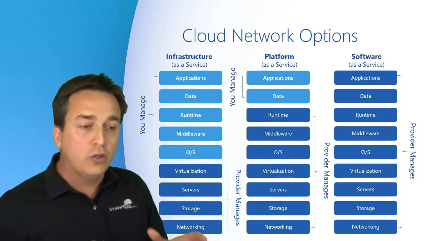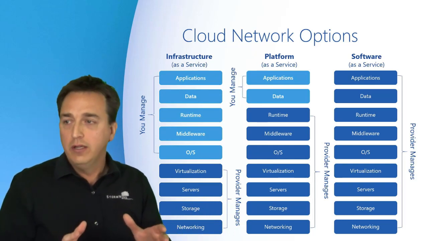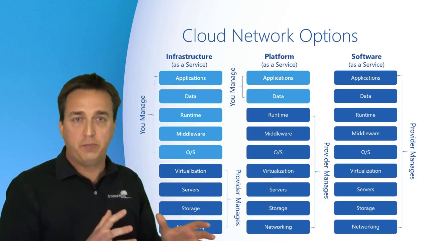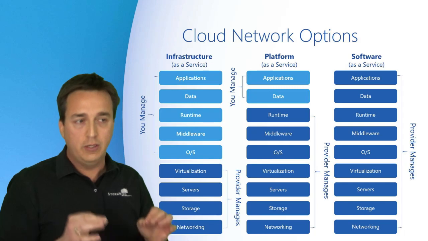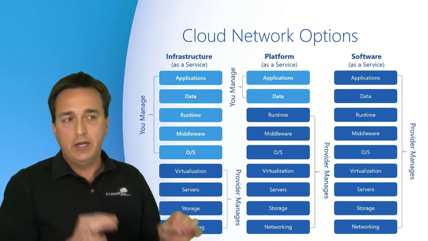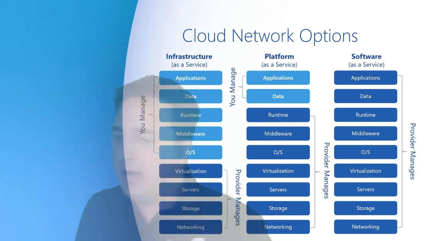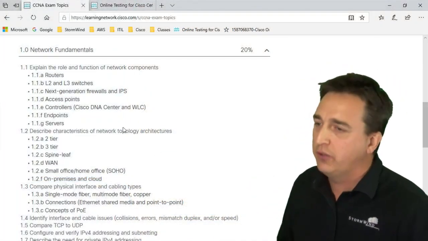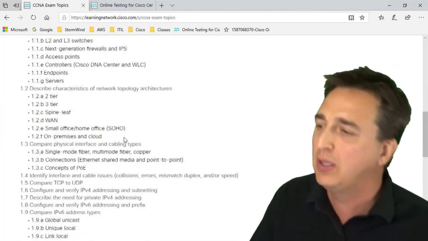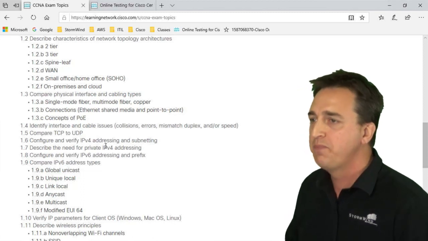So it's really critical that when it comes to identifying your cloud characteristics for your network topologies, you know the option you're going with, so that way you can best characterize what it is that you are trying to accomplish. All right, so that is number one, making sure that we are well aware of infrastructure as a service, software as a service, platform as a service, who manages what when it comes to those characteristics.